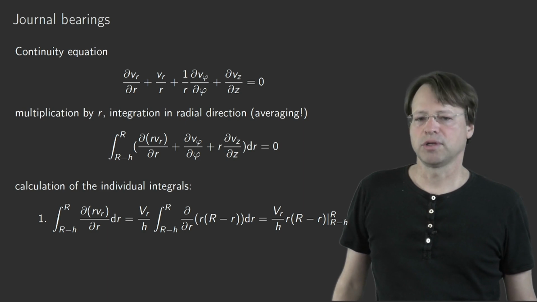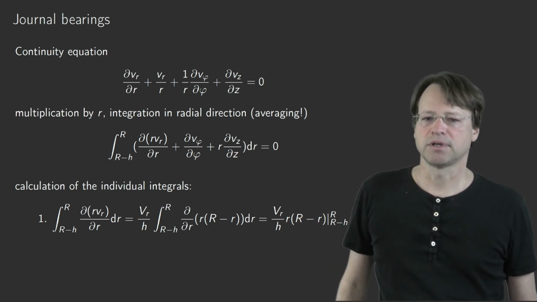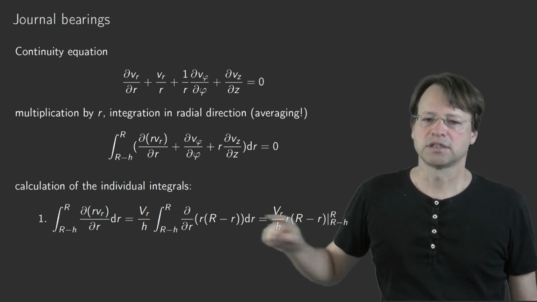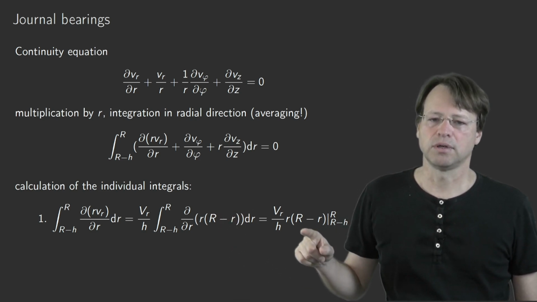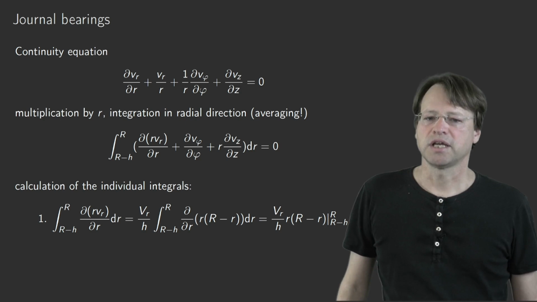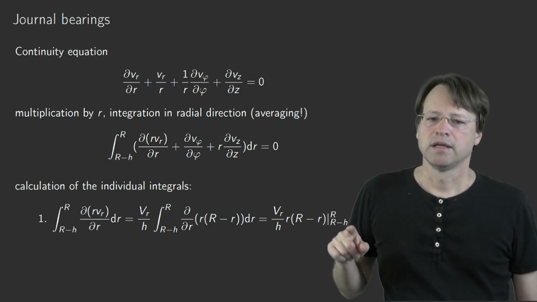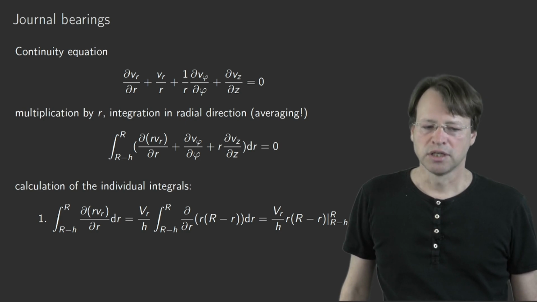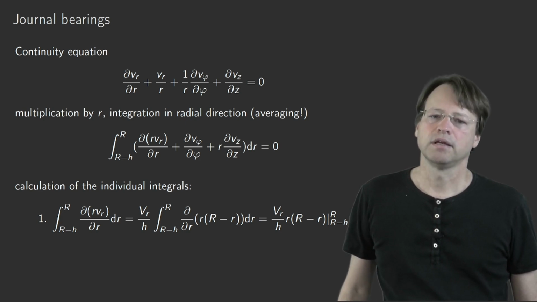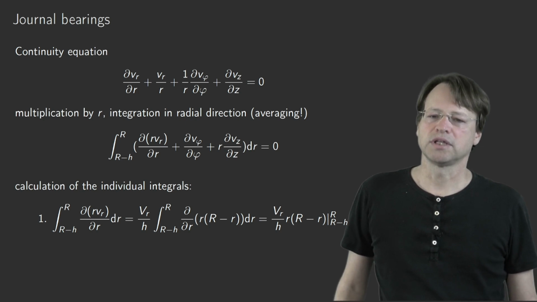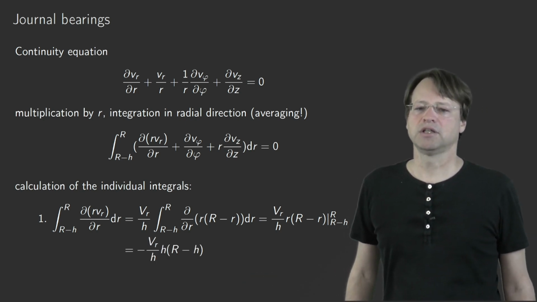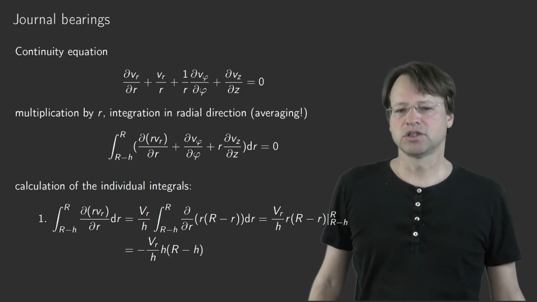From the fundamental theorem of calculus, you obtain v sub r divided by h, and then it is just the term inside the derivative, lowercase r, times capital R minus lowercase r in the bounds of capital R, r minus h, that we have to evaluate here. And then we have minus v sub r h, h r minus h.